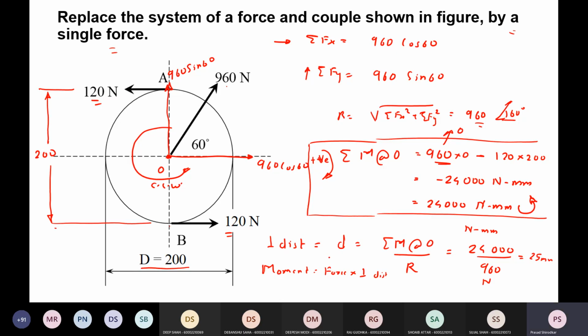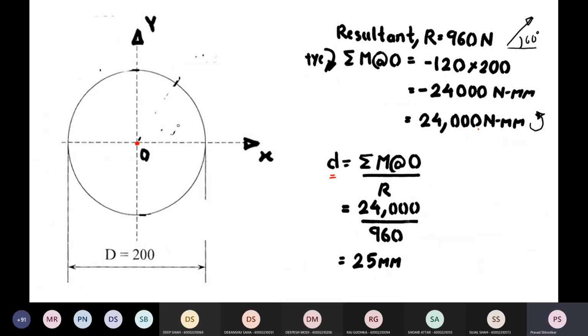That will be 0.025 meters. So you have moment as 24000 Newton mm counterclockwise, and the perpendicular distance of this resultant from the origin is 25 mm that we have calculated.